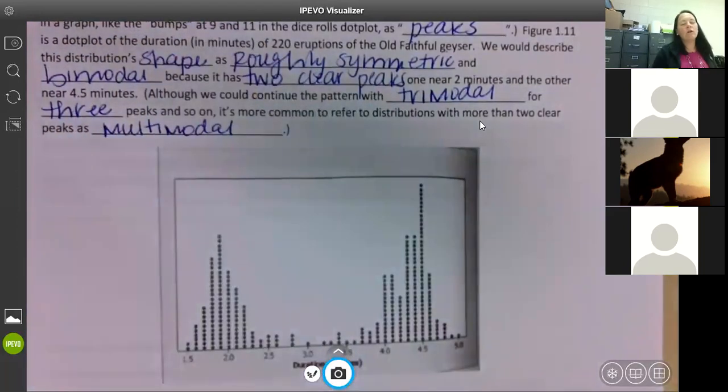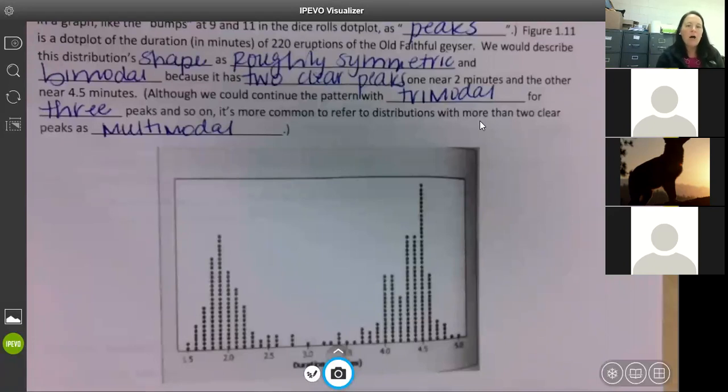Just like when you're working in algebra, you have binomials, you have trinomials, and then they don't do it anymore. They do polynomials. So all I wanted to show you is if it had more, you would just call it multimodal. We don't really have any multimodal. We stick with single or double peaks.